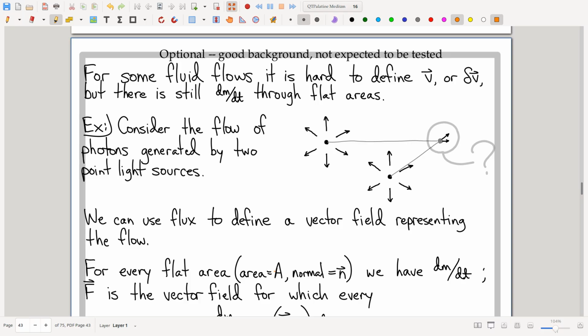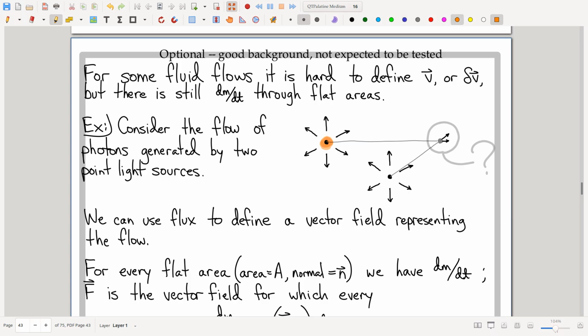It's a bit of a digression, and so you're not responsible for what's on this page, but y'all will have engineering lives, and y'all will sometimes encounter the following situation. You might have a weird fluid, such as the flow of light. Let me use brighter colors here. I'll use orange.